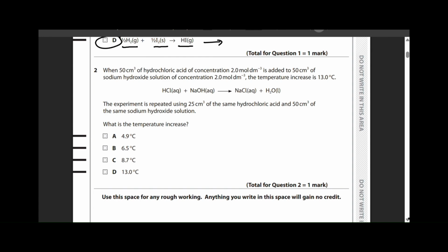So in experiment 1, the change in temperature is 13 degrees centigrade, and the number of moles of hydrochloric acid was concentration multiplied by volume: 2 into 50 divided by 1000 dm³. So the number of moles of hydrochloric acid was 0.1 moles when the experiment was done for the first time.